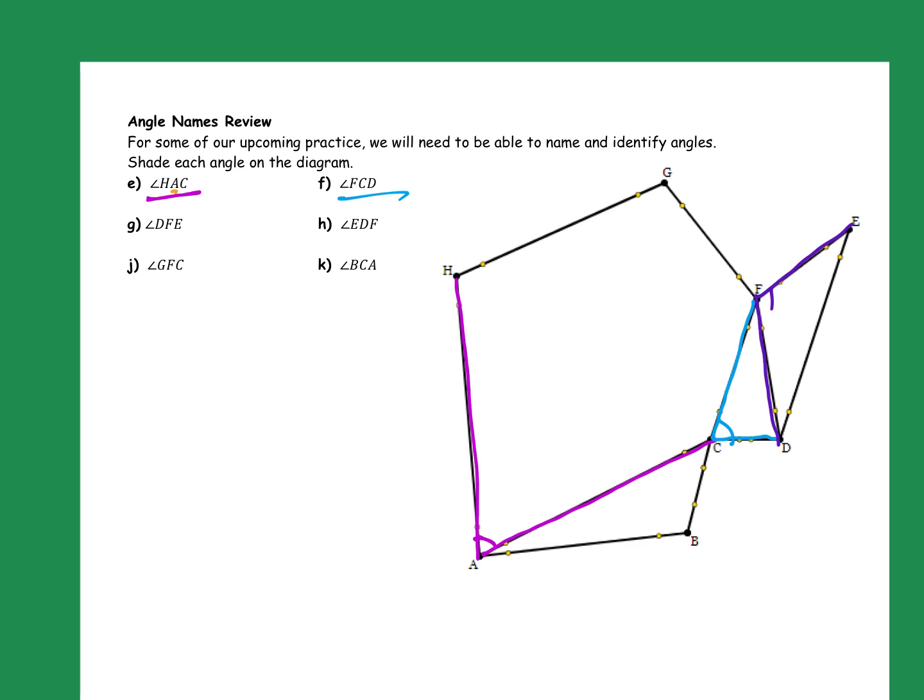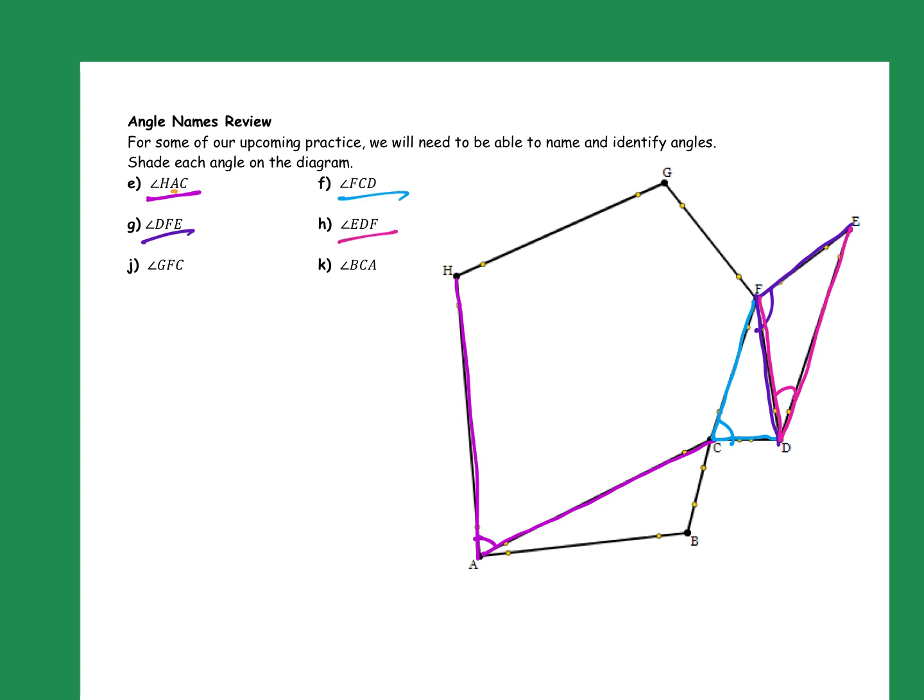DFE. That angle. And then they want you to find, what do they want us to find next? E, D, F. E, D, F. That one.